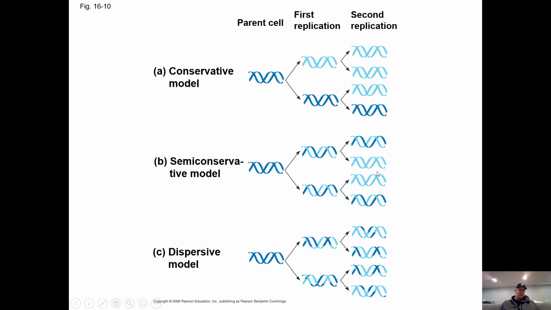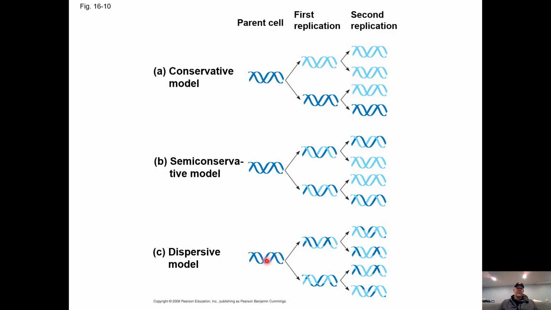We went over the semi-conservative model, but then you've got this other one called the dispersive model. So you start out with your parent strand, and then instead of keeping one strand that's wholly new and another that's totally old, each strand has pieces of old and new within it, to make up each successive DNA replication.